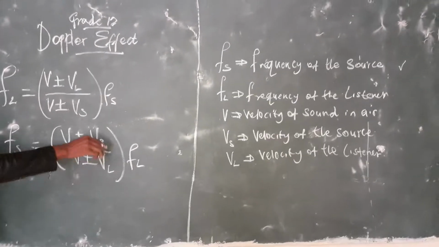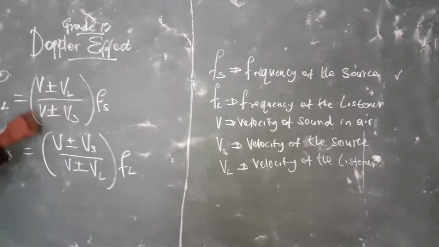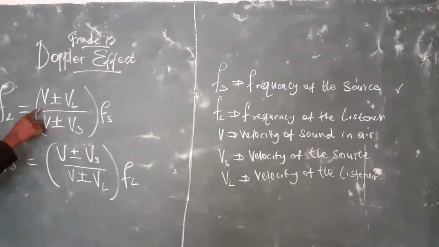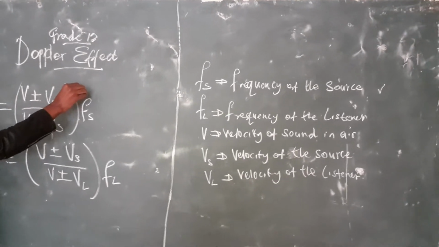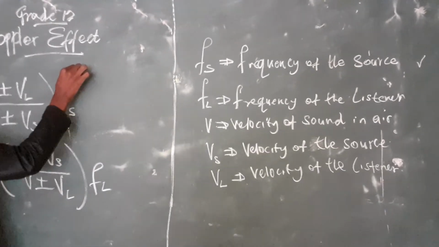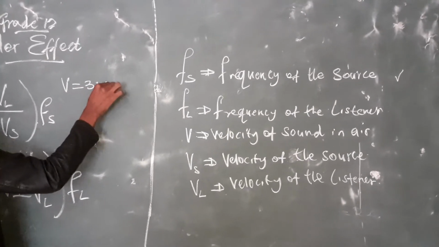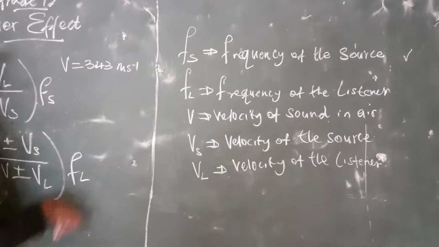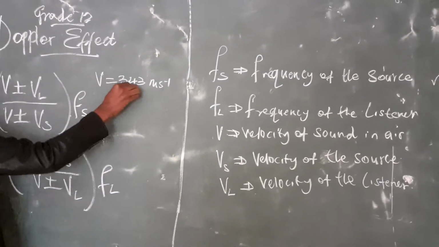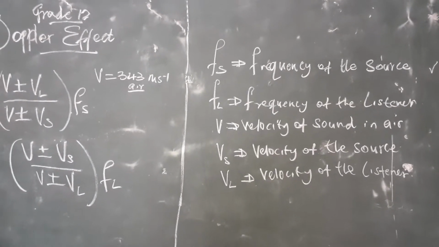Now the V stands for the velocity of the sound in air, and its magnitude is always equal to 343 meters per second. This is the speed at which sound travels in air.